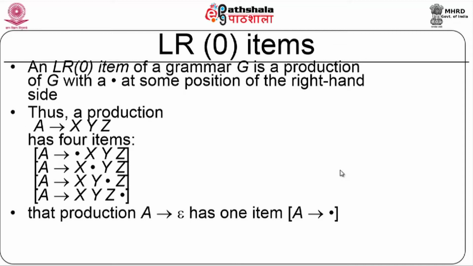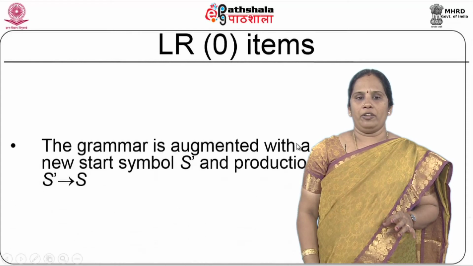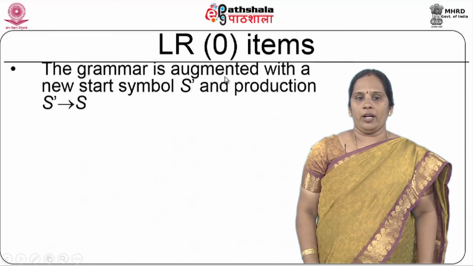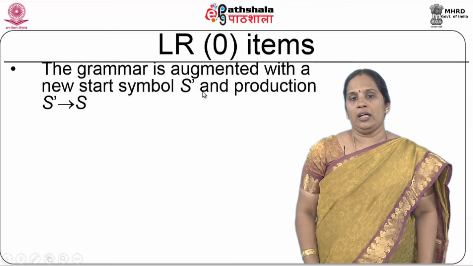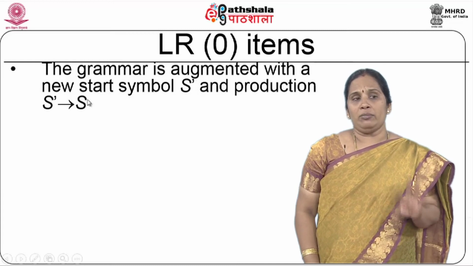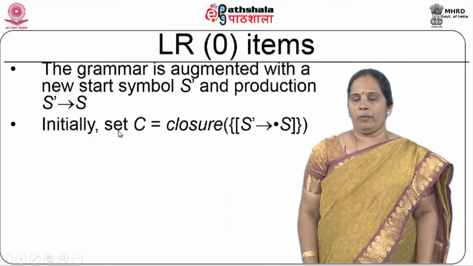So, A' produces A, that is a production. This A is going to be the existing grammar's start symbol. The grammar is augmented with the production S' produces S, where the new start symbol is S' and the existing start symbol is S. So, this is the augmented grammar.